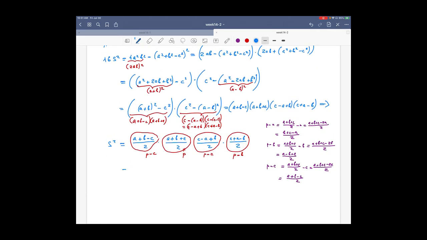So we get that s squared equals p times p minus a, p minus b, p minus c. So from here, s, of course, is simply the root of this product.